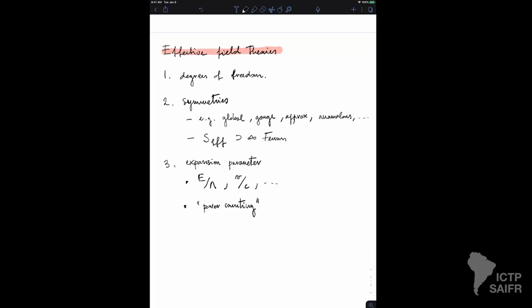My hope is that by the end of these lectures, you will have all the tools, or at least most of the tools you need, to then go and look at the particular effective theory or particular system you're interested in and study it using effective field theory methods. So although I won't be discussing that in particular, by the end of the lectures, if you read about them, you should be able to understand what's going on.